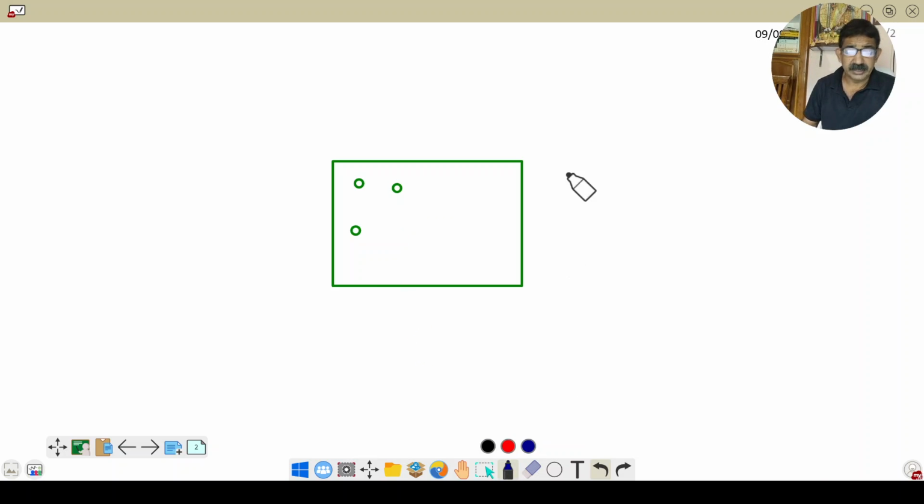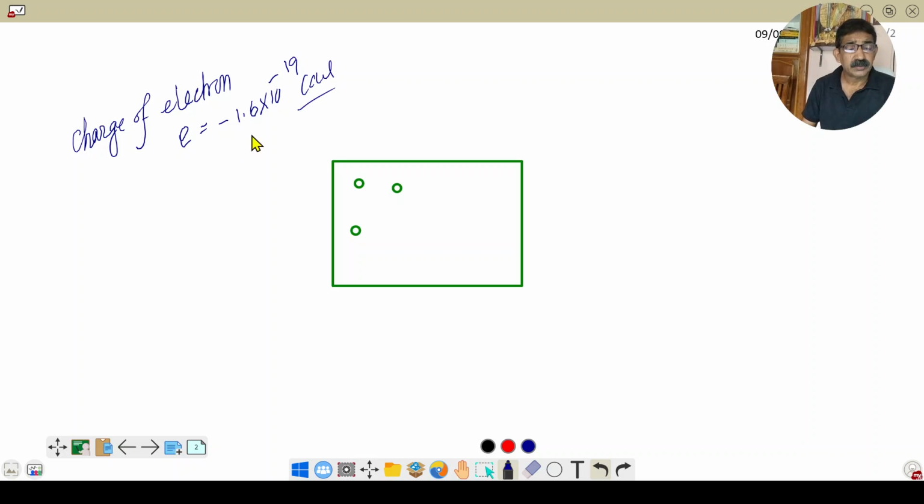The charge of the electron is equal to e, this negative quantity, e is equal to minus 1.6 into 10 to the power minus 19 coulomb. This is the charge of the electron. So, precisely we can say, without mentioning the actual value, the charge of the electron is equal to minus e.